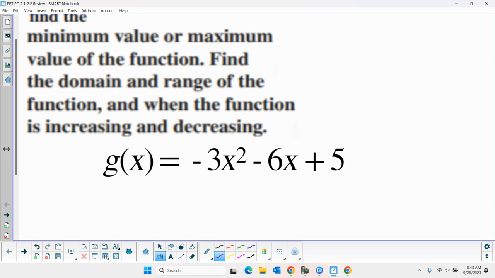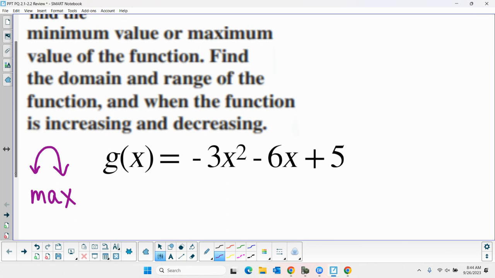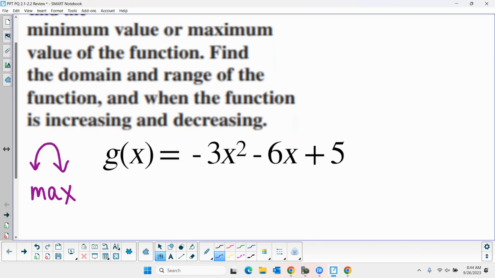Down, thank you. Because my A value is -3. That means it's a max, because it opens down. To find that maximum value, I have to find the axis of symmetry so I can find the vertex. I need to know that vertex so I can answer this question and then do the rest of it.